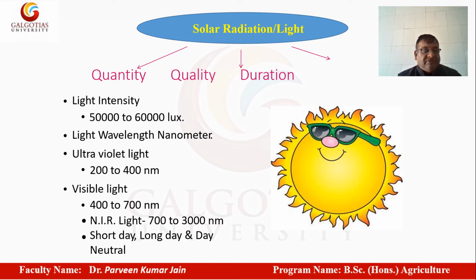So this is the same thing about light and wavelengths. There are UV rays, 200 to 400 nanometers, which is called the ultraviolet zone. But normally the plants survive well in 400 to 700 nanometers, which is the visible range, or you can say the VIBGYOR range of radiation.